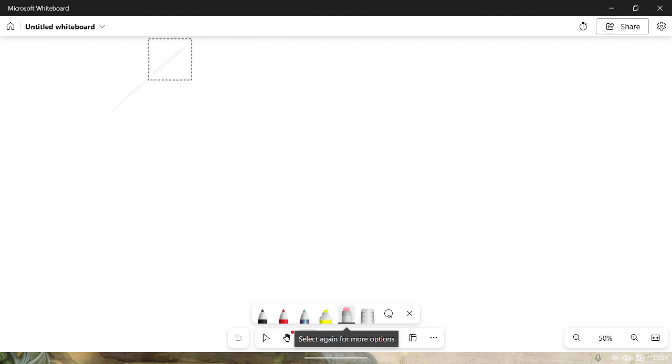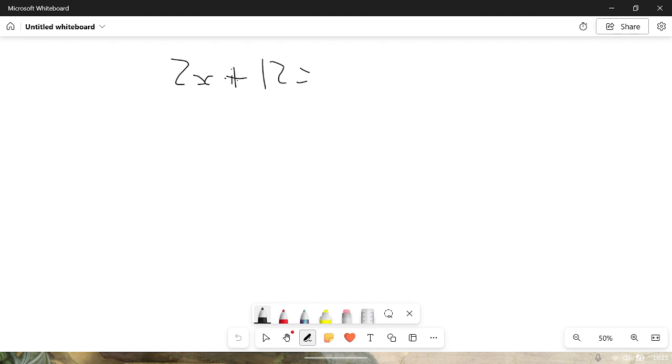The final example I'm going to go through in this video will combine both of what we've just done. It's going to be a little bit more complex, but in terms of solving for x, until you get to GCSE level, this is as hard as it's going to get. We're going to do 2x plus 12 equals, let's go for 20.